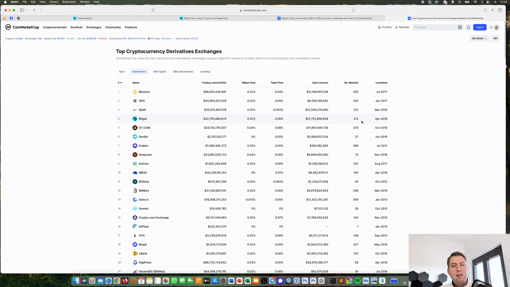You can trade more than 400 markets. And the fees are pretty similar to all the other ones. For me, for example, I'm in Germany, and we are not allowed to trade futures on Binance or OKX, so we have to use Bitget or Bybit. And as you can see, they have huge liquidity compared to their competitors.